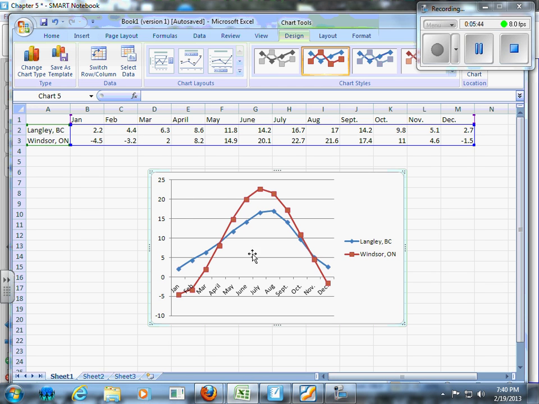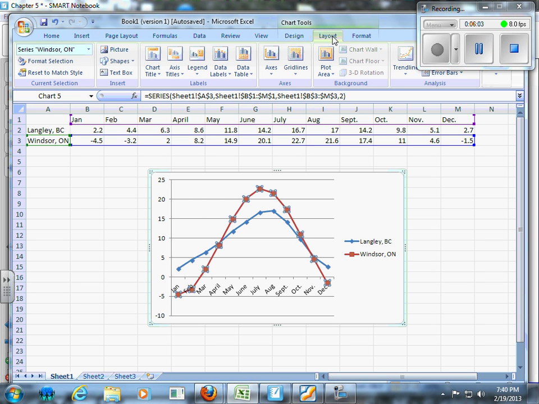What we get produced here now is a graph, and it identifies our two cities, Langley, BC in blue, and Windsor, Ontario in red. If you want to add a little more detail to the graph, you can. We haven't labeled our axes here. To do that, click the graph, the Layout tab, and Axis Titles.